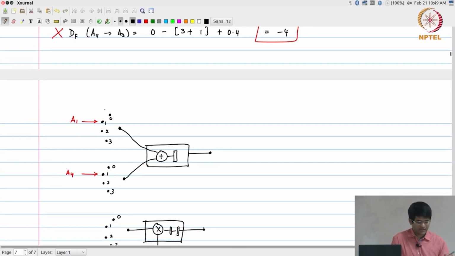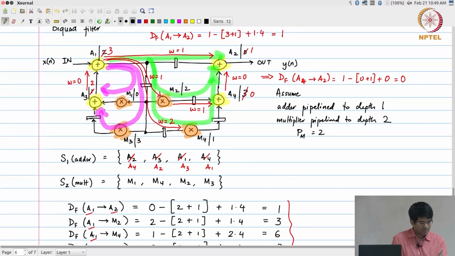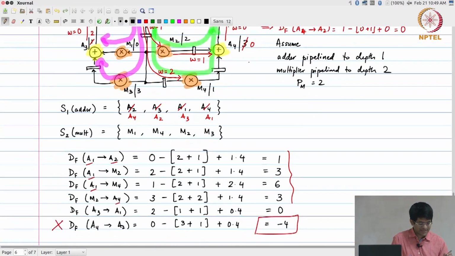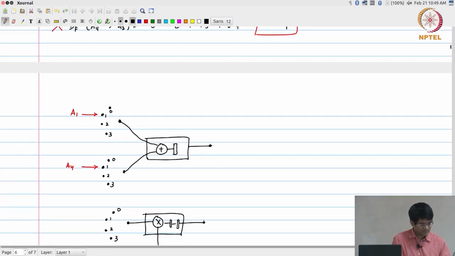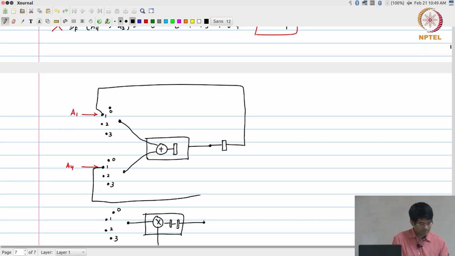The output A1 to A2 is the output of the adder, but with one extra delay on it, whereas A4 is the output of the same adder, but with df equal to 0. So now you can see how you would go about constructing the entire structure, right.